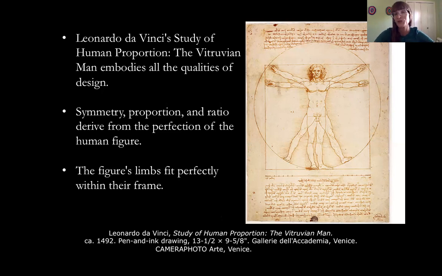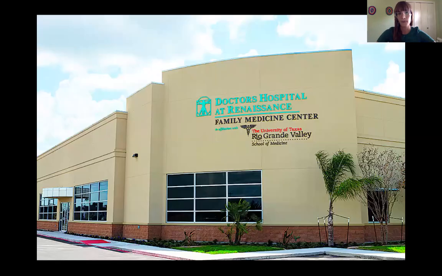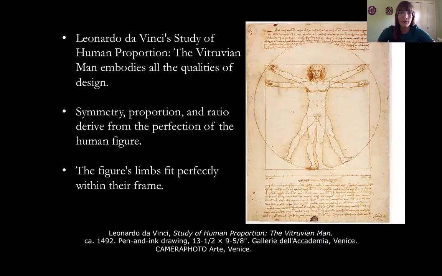Here we see symmetry, proportion, and ratio derived from the perfection of the human figure. The limbs fit in perfectly. And you've probably seen this as the logo for Doctors Hospital at Renaissance here in the Valley. Why might that be? They were probably looking for a symbol of optimal health, and the Vitruvian Man is a good idea for that logo in that sense.